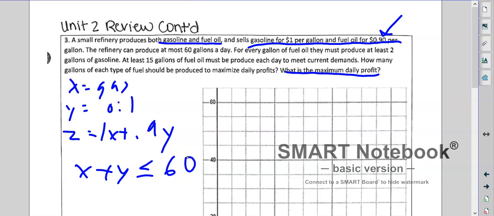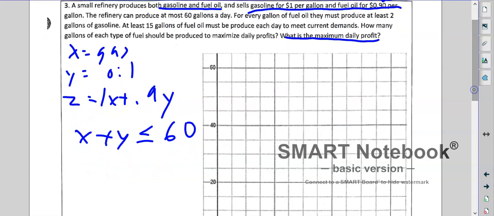It's confusing here. Is it x equals 2y or y equals 2x? Well, here's the thing. Let's try it. Let's say I do y equals 2x. Then just pick a number. Let's say x is 1. That would be y of 2. So that would be 1 gallon of gas, 2 gallons of fuel oil.